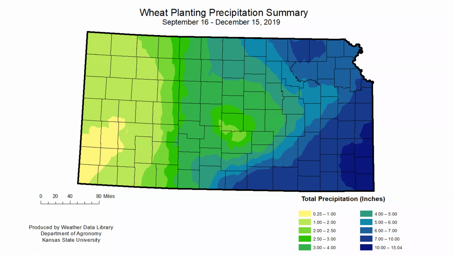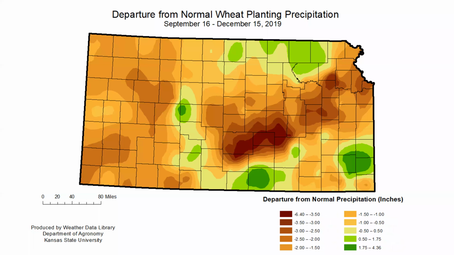So how does this compare historically to where we should have been? What we're looking at here is, in inches, the departure from normal for that 3-month period from September 16th through December 15th of last year. And what you see is that for the majority, we were actually well behind normal.